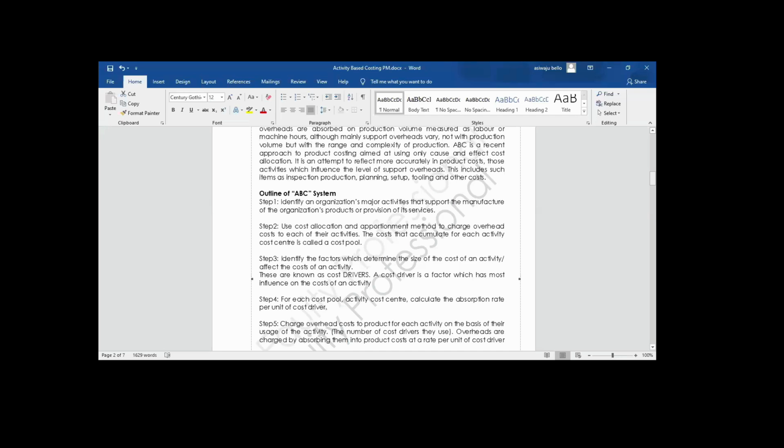Then step number 5, charge overhead cost to the product using the calculated cost driver rate.